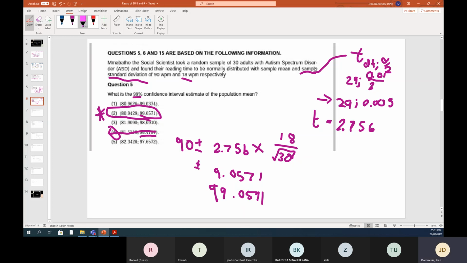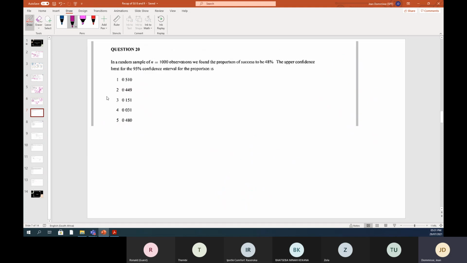The word sample is very important, one can easily misread it. Let's go to the next one, and you can interrupt me if there is a question. We are a small group. Okay, so let's look at the next question.